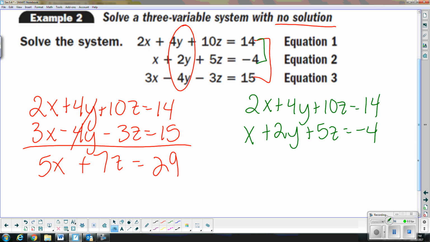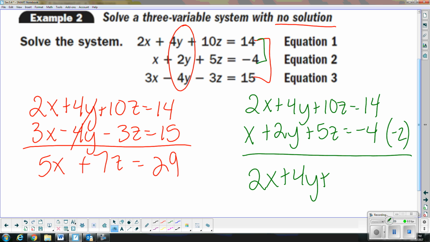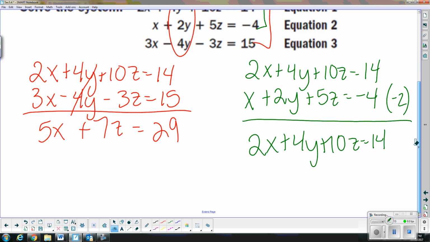Okay, now to eliminate y, we need to multiply this bottom equation by negative 2. So I'm going to rewrite it again. I like to rewrite equations. Okay, and then negative 2x minus 4y minus 10z equals 8.